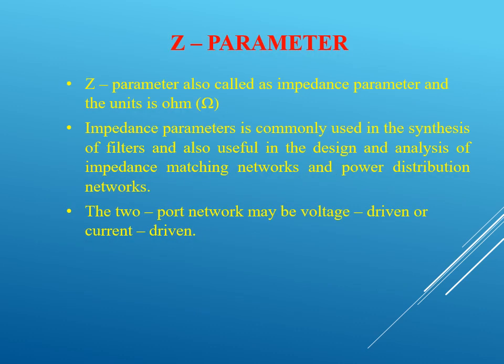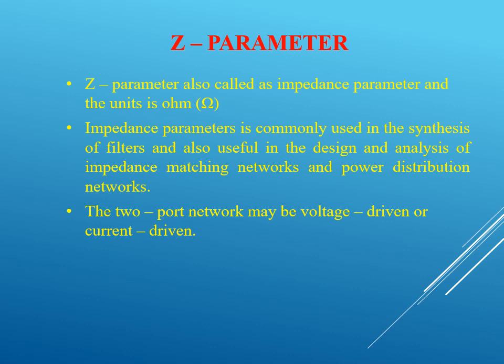Now the first type of parameters that we study in the case of two-port networks are the Z parameters. Z parameters are also called impedance parameters, as they are the ratio of voltage and current. Here we can find these Z parameters or impedance parameters by opening one of the two ports, either the input port or the output port.